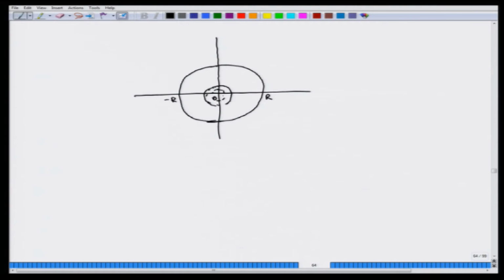So, I am basically dividing up the original circle into thin rings, each having a radius which is a fixed amount delta r more than the radius of the inner circle. If I start with the smallest circle inside, with radius r 1, then the next one has radius r 2 equal to r 1 plus delta r.